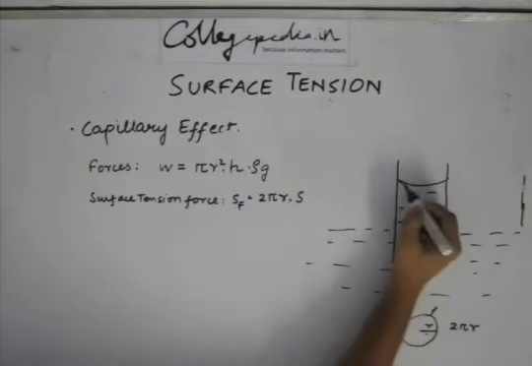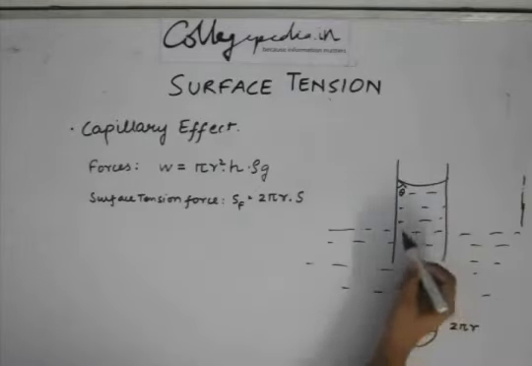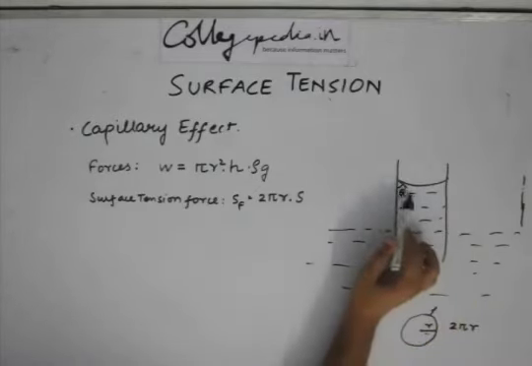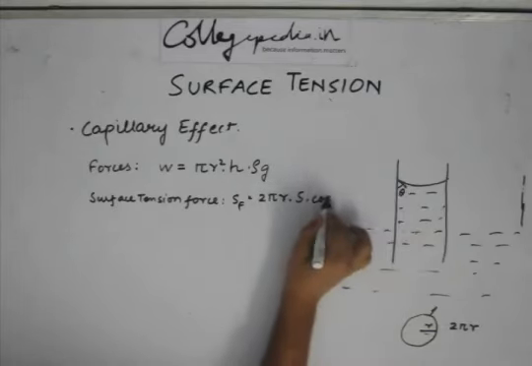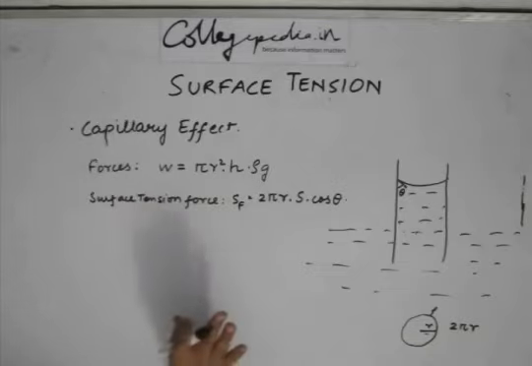We only need to consider the vertical component of it. This angle is the contact angle theta. So the vertical component is going to be the resolution of this net surface tension force along the vertical direction, which is along theta. So this is going to be nothing but cos theta. And these two forces must balance each other.